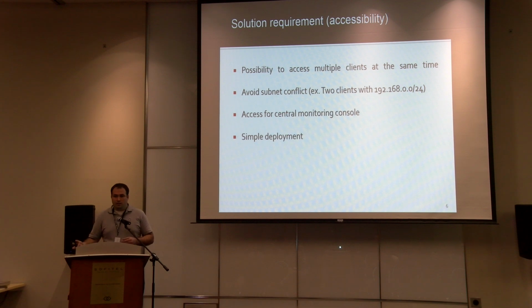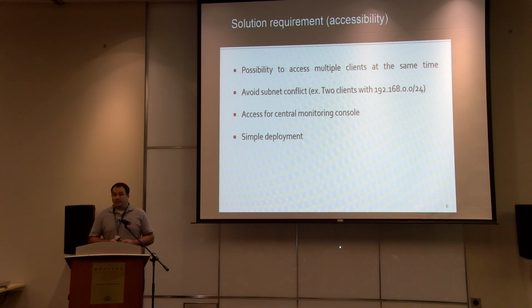So if you had the same subnet on two clients, you were not able to work at two sites at the same time. It doesn't have to be the subnet; it could be a rule where the routing would be sent through the wrong VPN, and there are a lot of possibilities. So we wanted something simple, and VPN was removed as a solution.